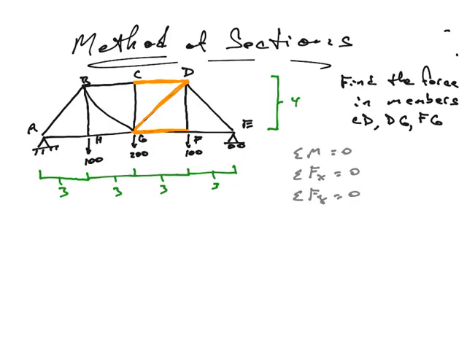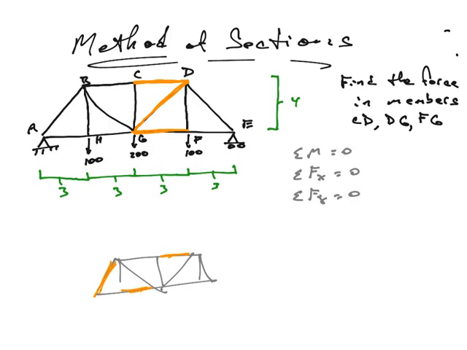The other thing to note is that for this to work well, those 3 members that we're interested in, you have to be able to connect them with a single cut, as we'll see, a single line. We have to be able to draw through all 3 members without going through a 4th or a 5th or a 6th. So for instance, I could not have a truss like this, let's say, and I want to know what is this member, and this member.